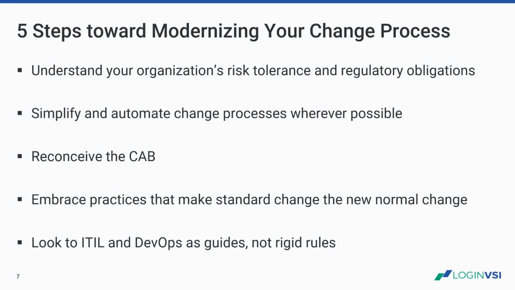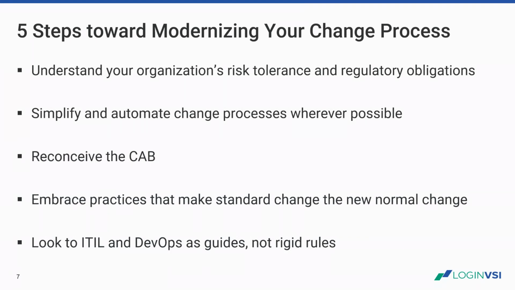So, 5 steps toward modernizing your change process. It'd be great if we were all just DevOps, but we're not. And even if you are DevOps, you still have to answer risk tolerance and regulatory obligations. So we need to know those. What do we have to account for when we design these processes? What kind of reporting?